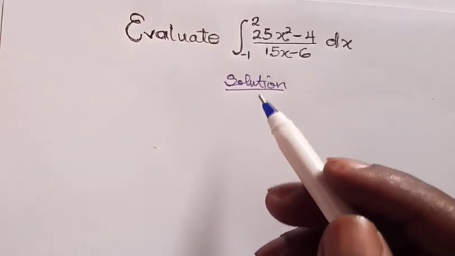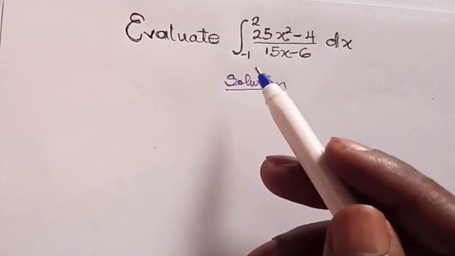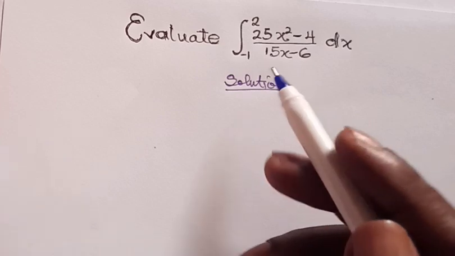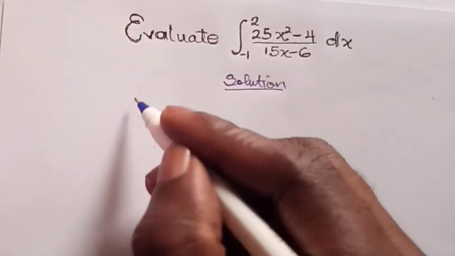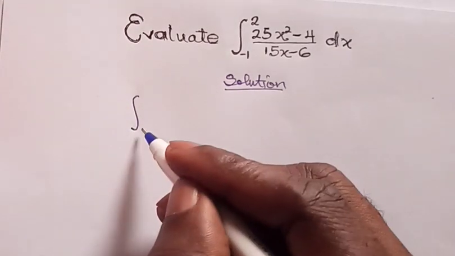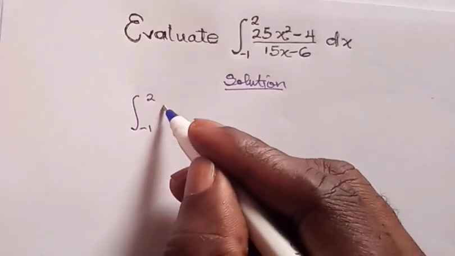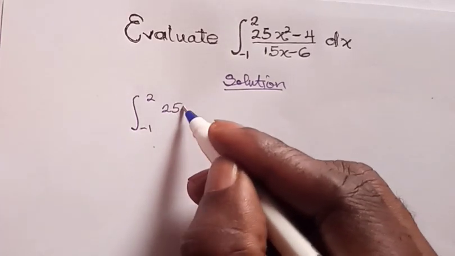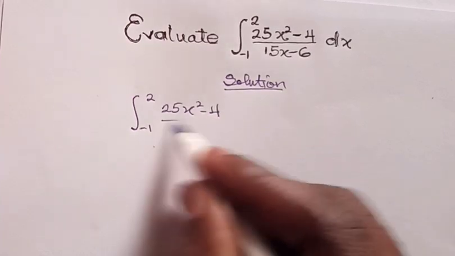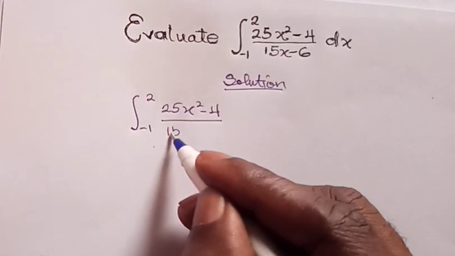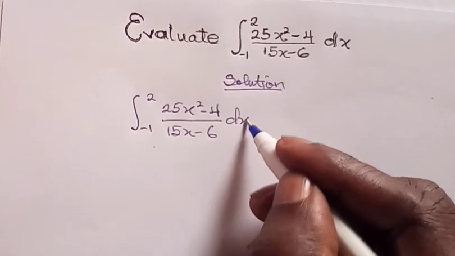Since this question is a definite integral, let's rewrite the question again. So we have the integral of (25x squared minus 4) all divided by (15x minus 6) dx.